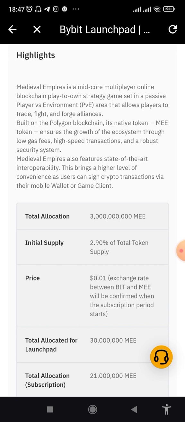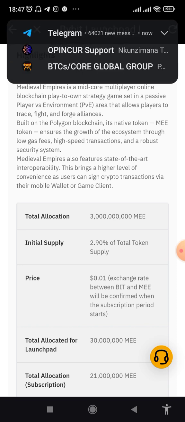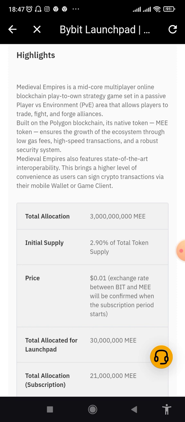Because the supply is low, that means demand will be high. And if you check all other projects, you see that most of them had an initial circulating supply of about 1.9%, 2%, 2.5%, some 3%, and they have done more than 1,000% increment in price. Some have done 1,800%.